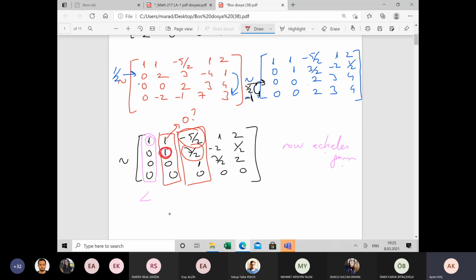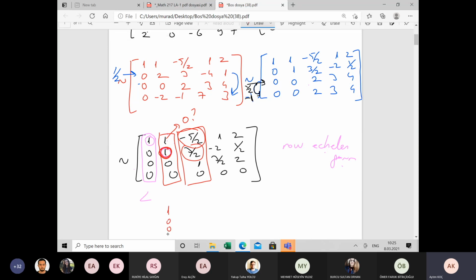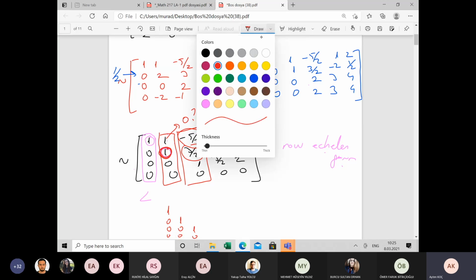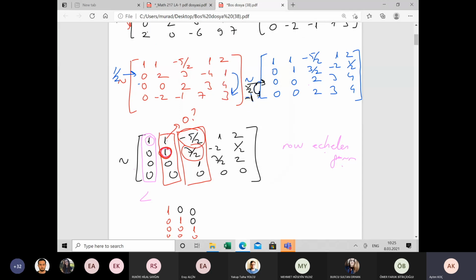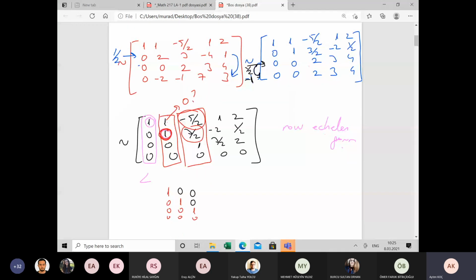So our aim is to get 1 0 0, and this one should be 0 0. So what's the operation? But here, be careful. I think appropriate here which operation is okay.